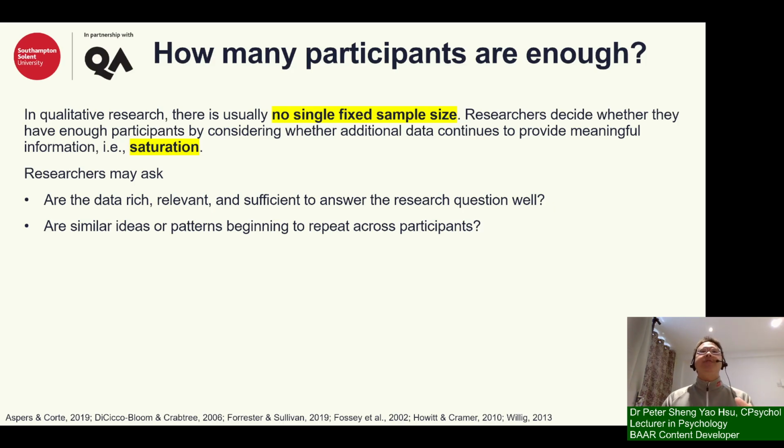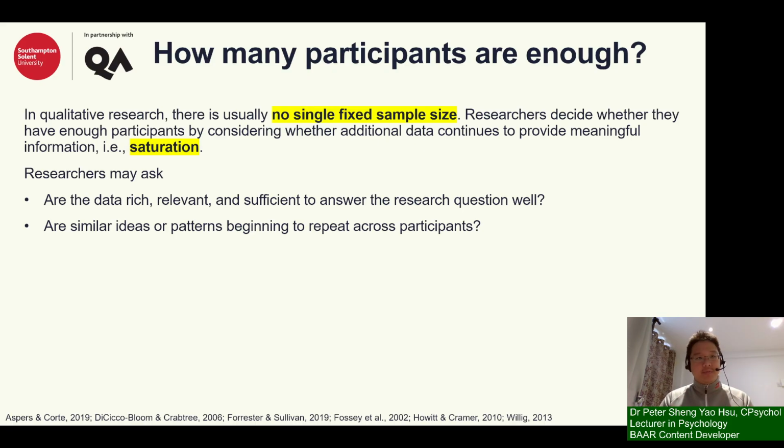For example, imagine a researcher is interviewing mature students about balancing study, work, and family responsibilities. In the early interviews, new ideas may appear frequently, such as time pressure, childcare arrangements, financial stress, guilt about taking time away from family, pride in being a role model, anxiety about academic writing, or difficulty attending live sessions.